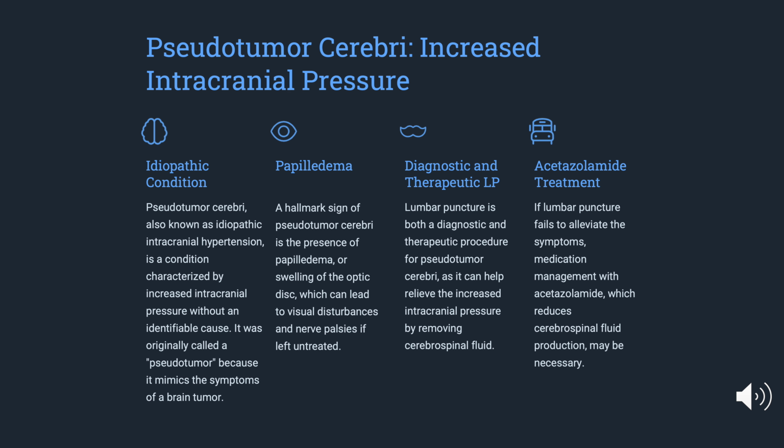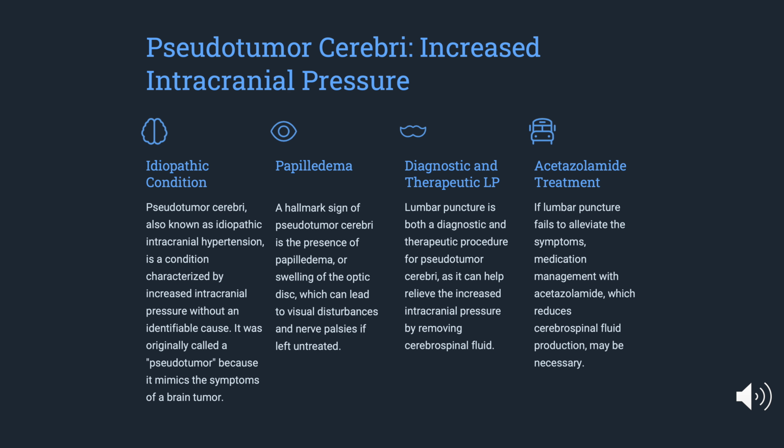Lumbar puncture serves a dual purpose in the diagnosis and management of pseudotumor cerebri. By facilitating the removal of cerebrospinal fluid, this procedure helps alleviate increased intracranial pressure and provides valuable diagnostic information. In cases where lumbar puncture fails to ameliorate symptoms, pharmacological intervention may be warranted.